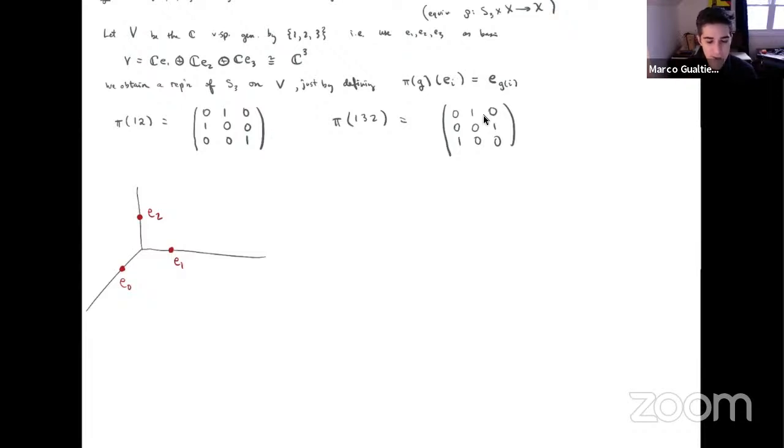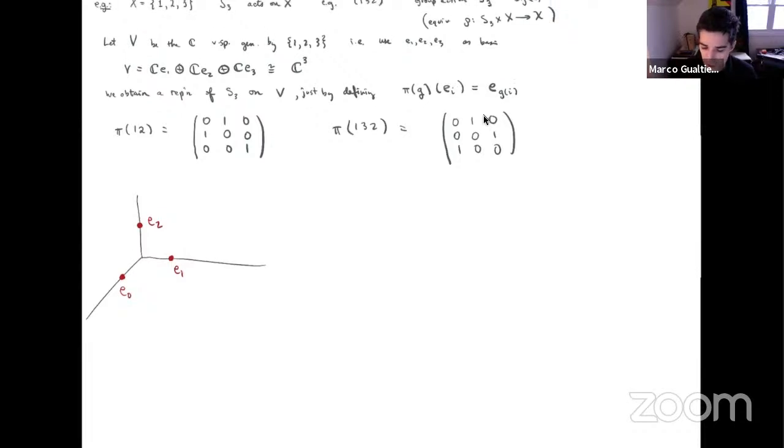The finite set X is analogous to the classical phase space. And then this vector space generated by X, which I could call C of X, is the quantum mechanical phase space. And what we see is that the same group that we identified as acting on the classical space lifts to an action of the group on the quantum space, but the action is linear now, and it's by matrices.